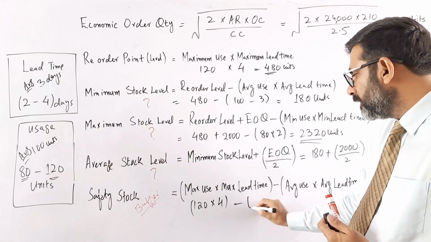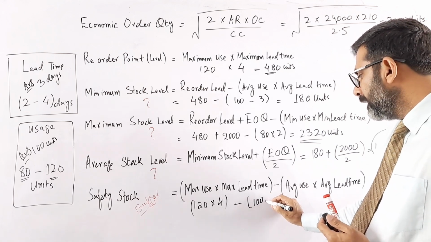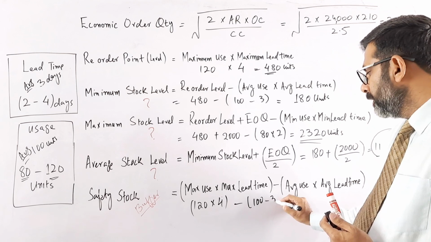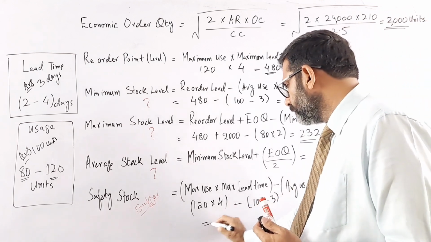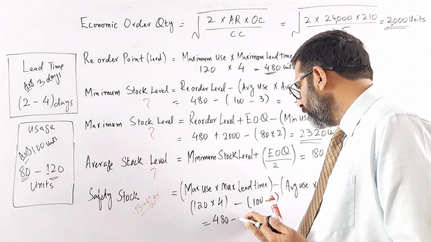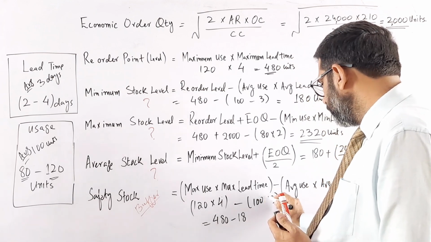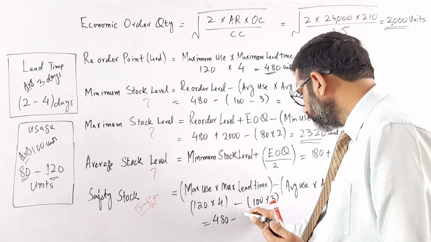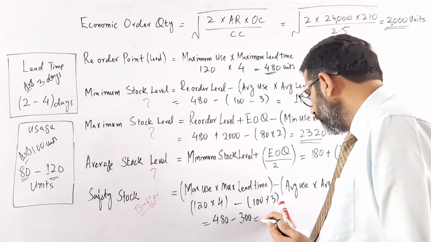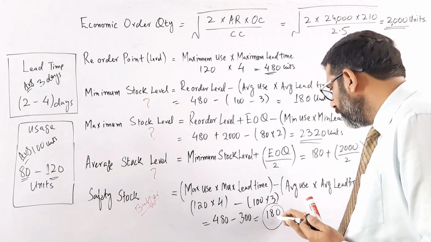The average usage is 100 and the average lead time is 3 days. So 480 minus this 300, so it is 180 units.